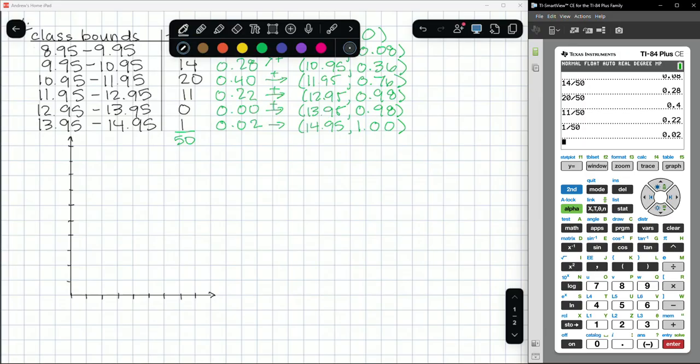So uniform number scale and then axis labels. Our y-axis is cumulative relative frequency. And then on the x-axis, our lowest class boundary is 8.95, and then all the way up to 14.95.